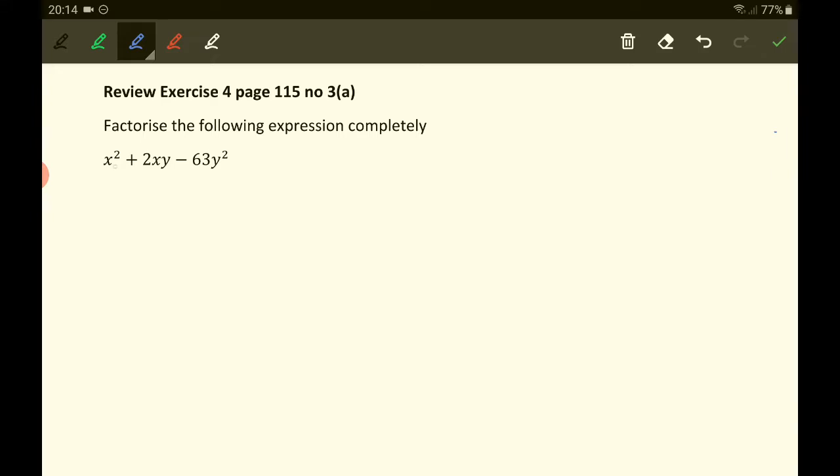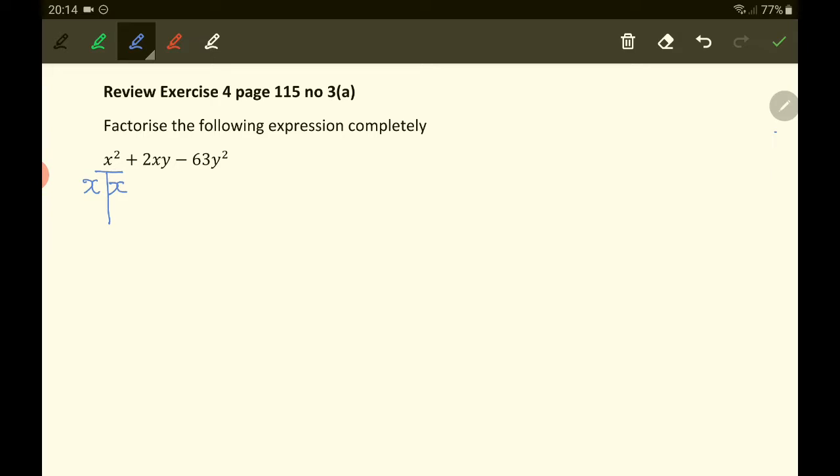Here we have x squared plus 2xy minus 63y squared. You look at the x squared here and try to find two things that multiply to give x squared. In this case, you get x times x.